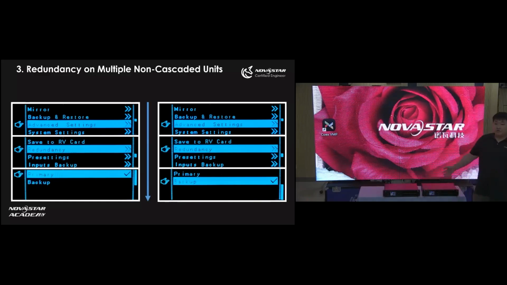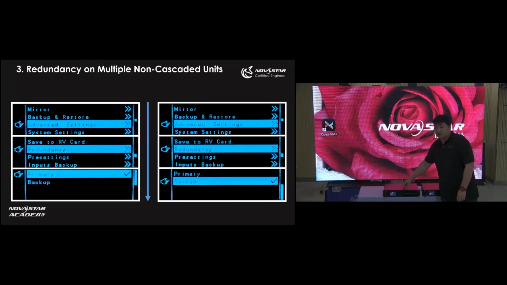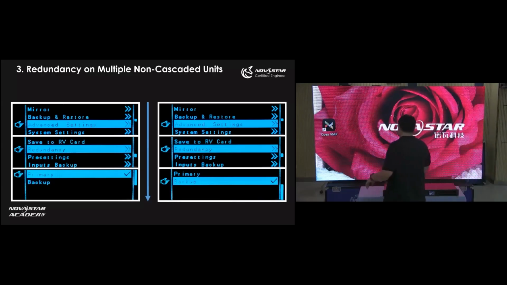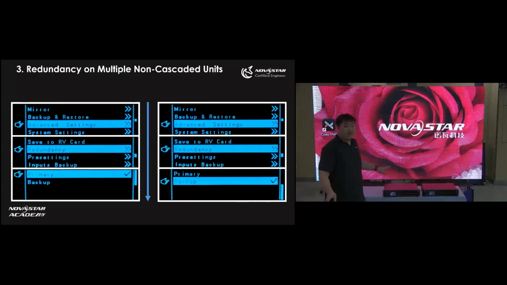I think now it's cool. Let's say those are two devices, two pieces of M control 4K. And here we use one port to load the full screen, and we have another one as backup. Now, we just reset everything.